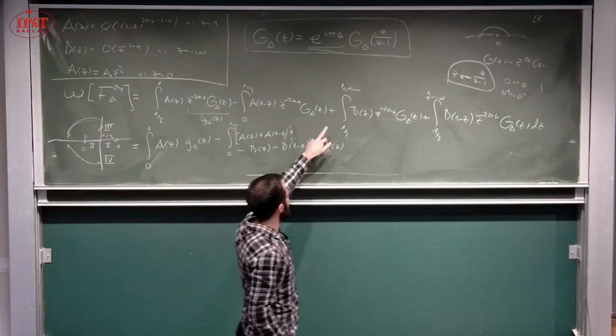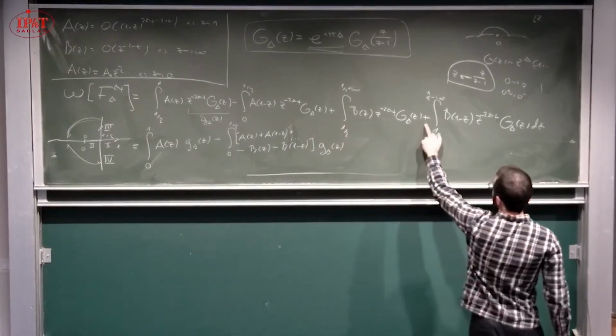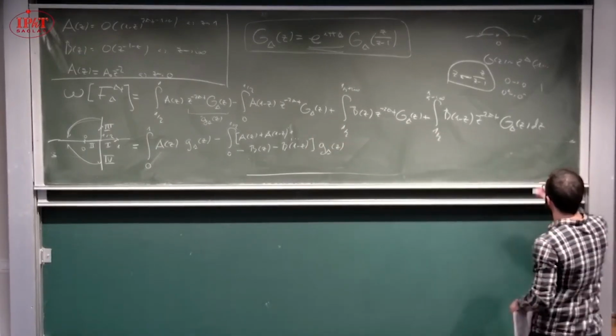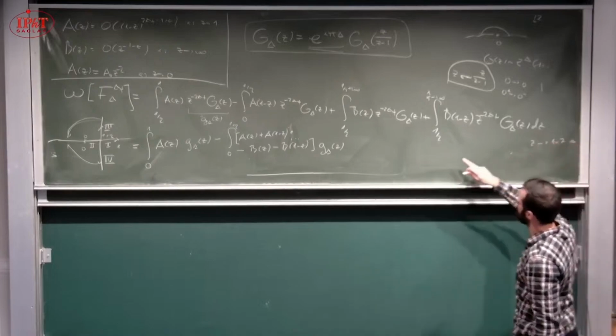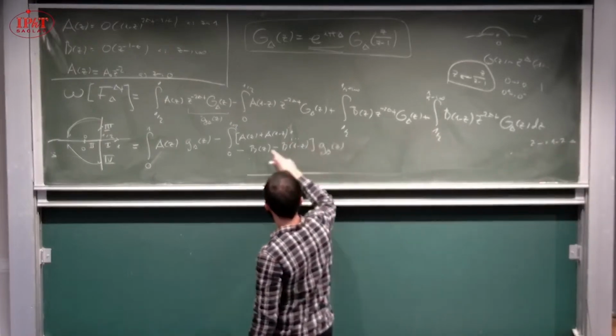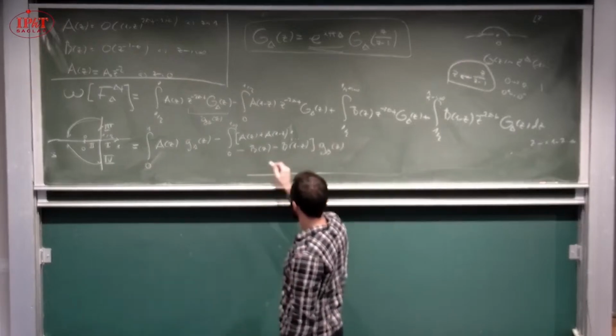There's a plus here and there's a plus here. The minus became a plus because I changed variables to 1 minus z, so the measure picked up a minus, so this minus turned into a plus, and that plus, well, now it's pointing to the left, so it becomes a minus.